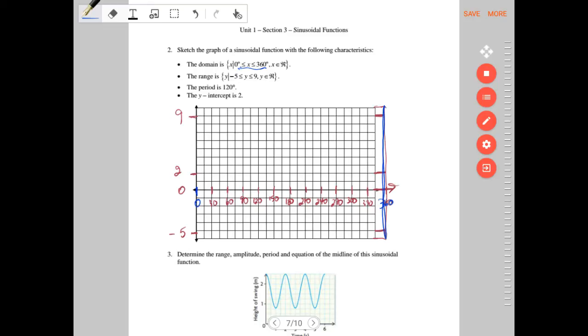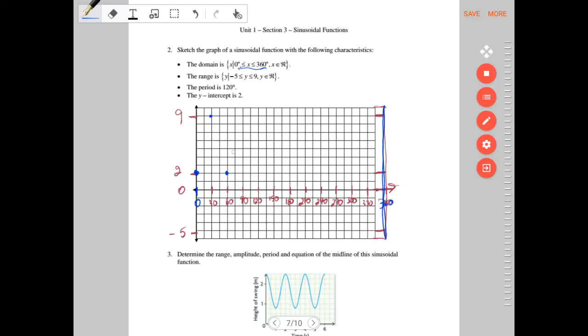The y-intercept is 2. So I'm actually going to start by graphing that. Where the graph crosses is at 2. Okay, so now I go to my maximum, and that will be at 30 degrees. Okay, and then we're back down at 60, because again that's half the period, so we should be getting all the way to the max and back down.